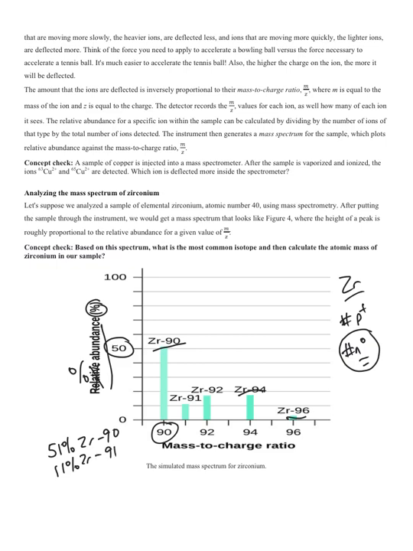Then at 92, this looks like it's a little bit below the 20 mark. I'm going to estimate about 17% zirconium-92. The next one looks about the same, maybe just a little bit higher, so maybe I'll go to 18% zirconium-94. And then 96, that looks to be not quite halfway, so I'm going to say about 3% zirconium-96.